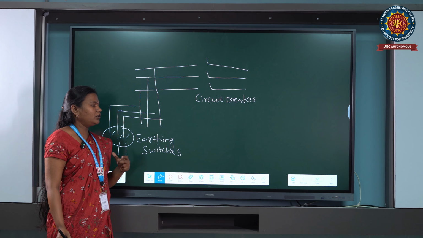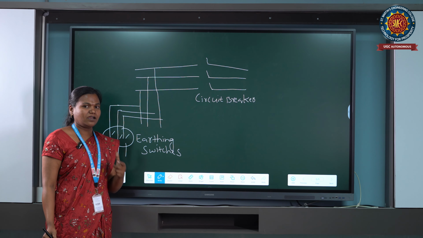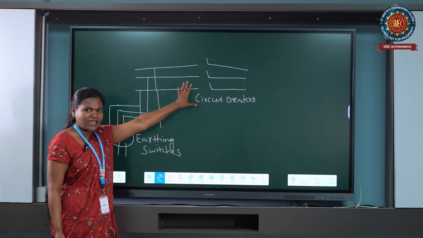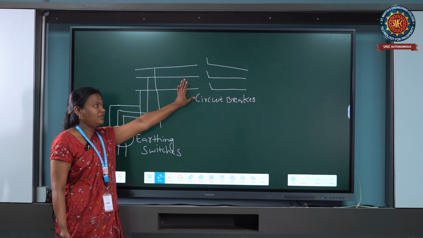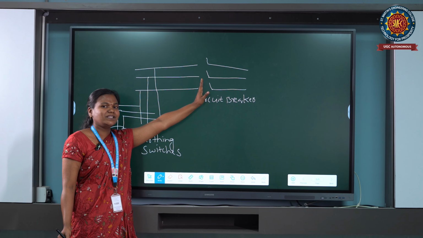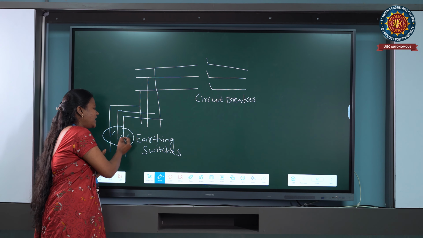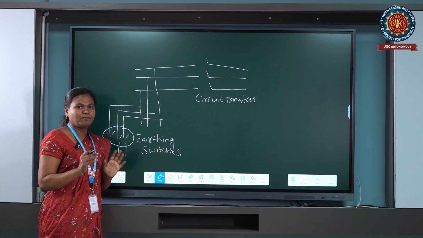Before going to how three-phase faults will occur: when we energize the three-phase lines, while closing the circuit breakers, we have to ensure that these earthing switches are in the off position.